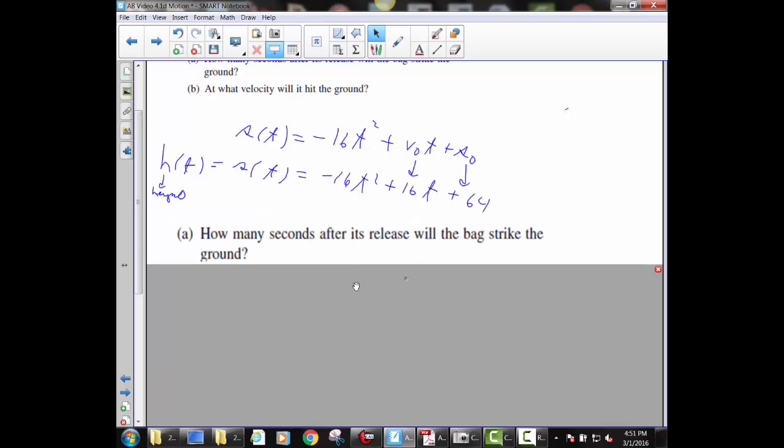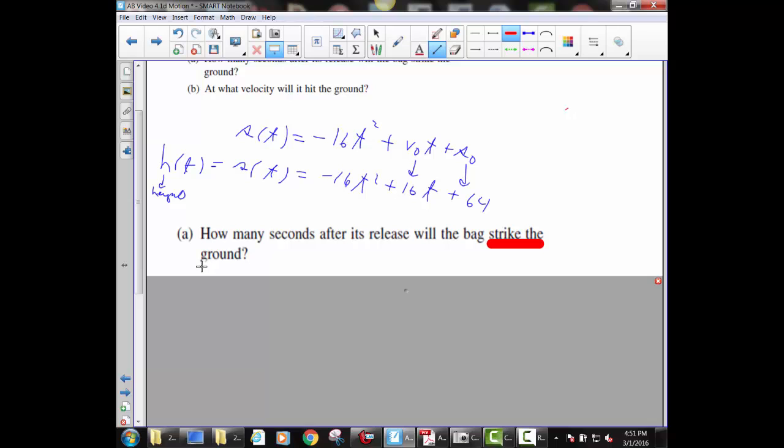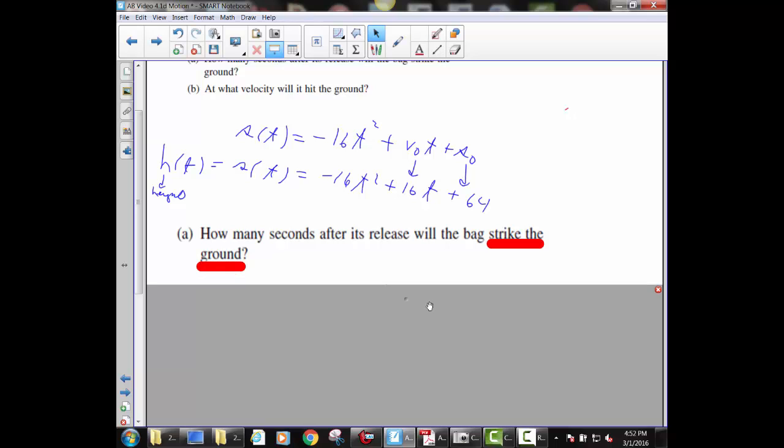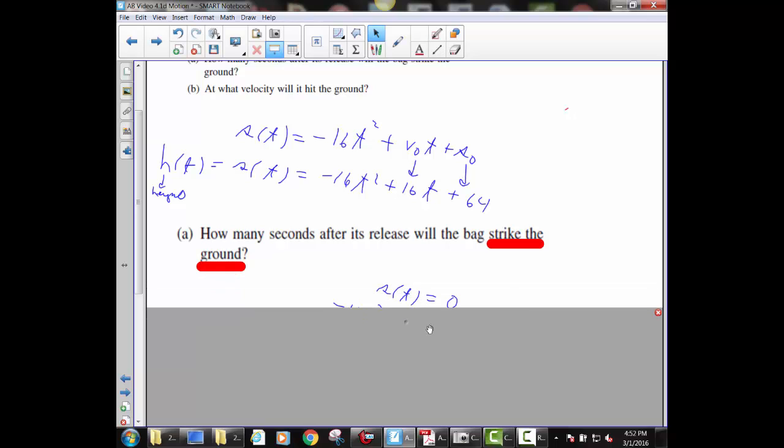How many seconds after its release will it strike the ground? The thing you need to understand is what we mean by strike the ground. It strikes the ground means its position, its height, is 0. Not its velocity. Remember the stapler heading towards your head. So when it hits the ground, that means the height, or s of t, the position is 0.